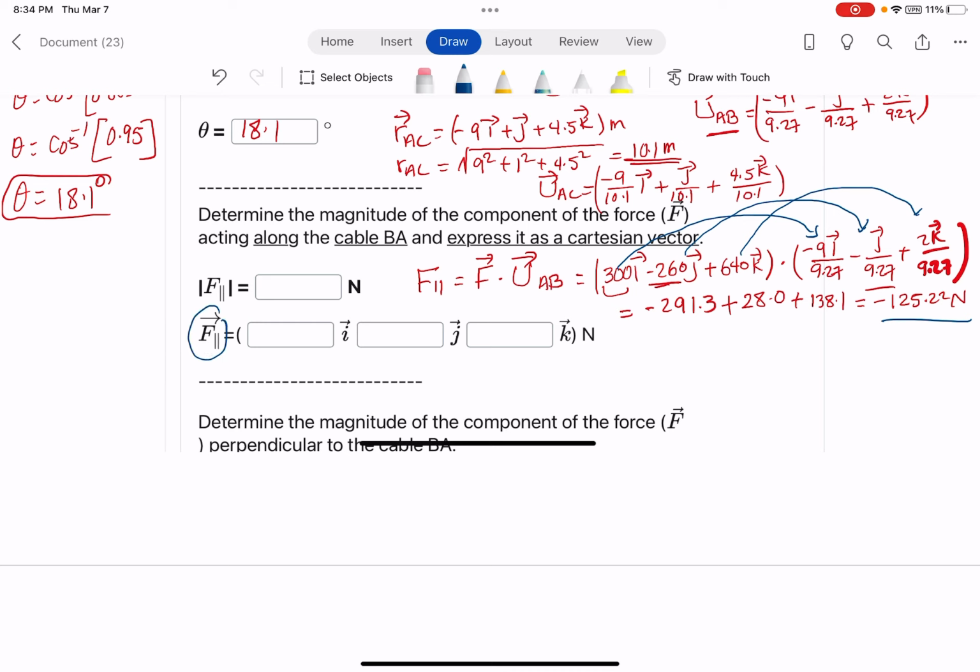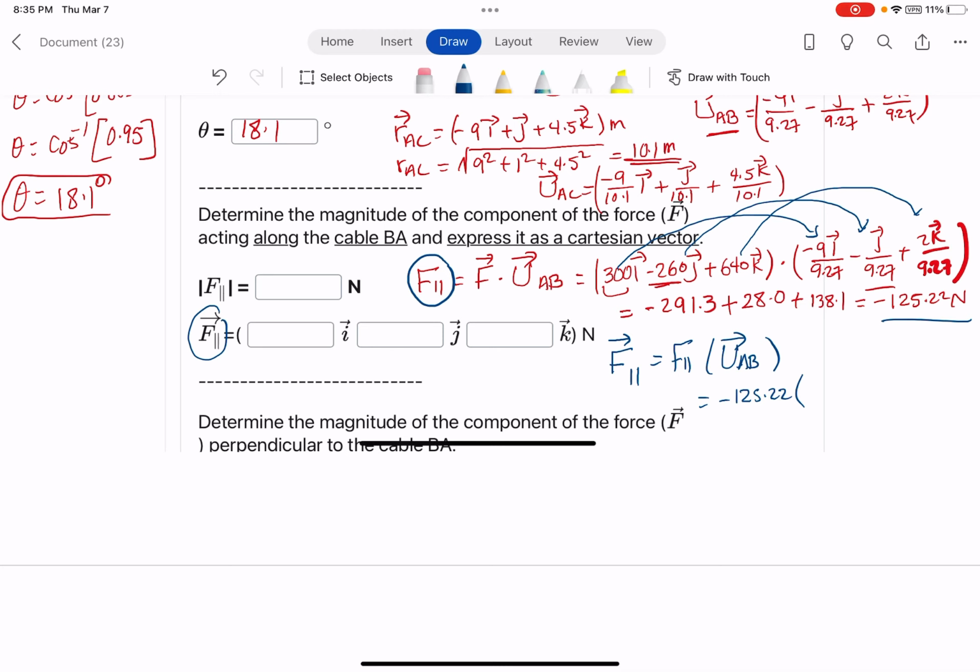So you could do the same thing, but this time you multiply. Remember, this is a magnitude. You could find out the force parallel, but in Cartesian format, in vector format. You just get this F parallel in magnitude times the unit vector. What is the force parallel? It is 125.22 times, what is the unit vector?